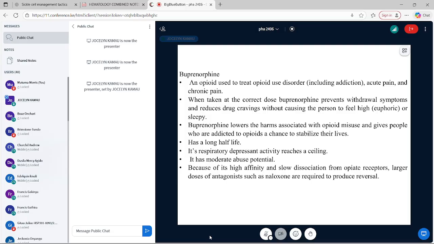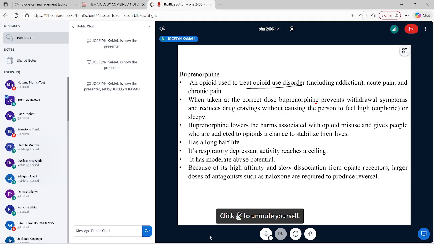Buprenorphine, an opioid used to treat opioid use disorder, as I have mentioned, because it has very high affinity for the opioid receptors. It can displace the full agonist, but it will not give this person full euphoria. It will also not bring about respiratory failure, and is therefore used in addiction, acute pain, and chronic pain.